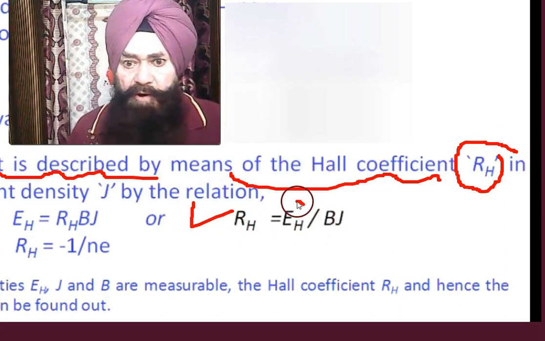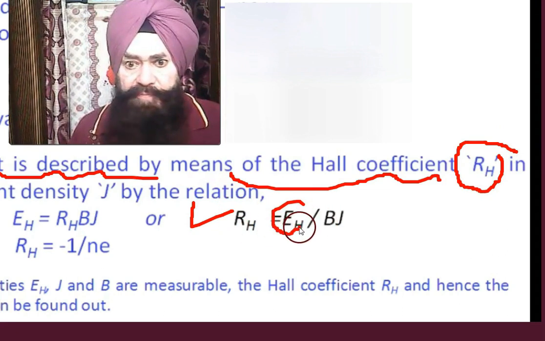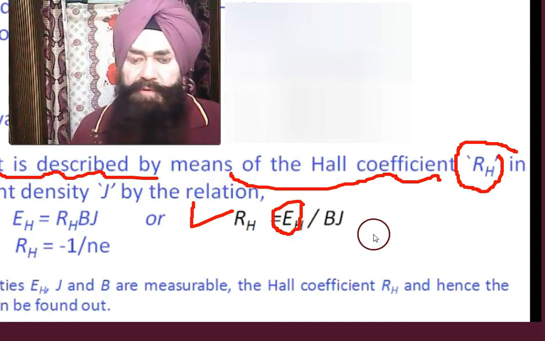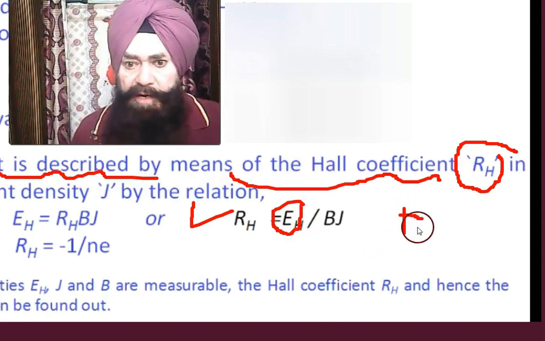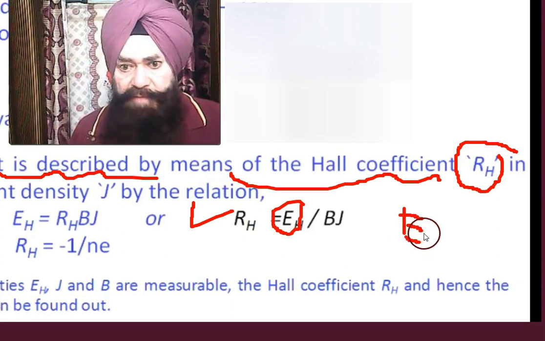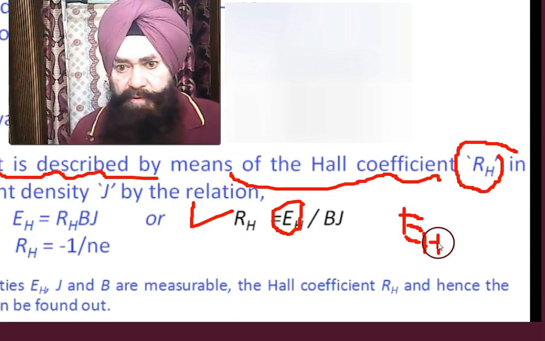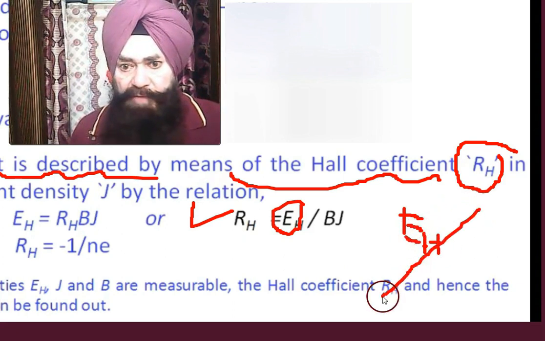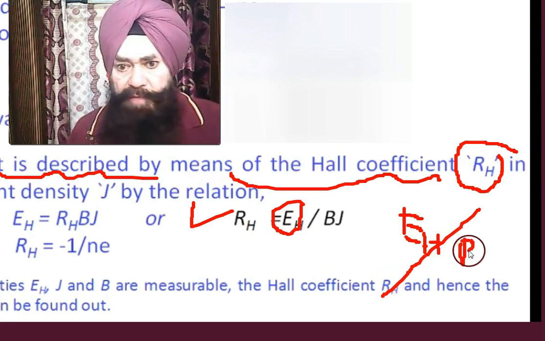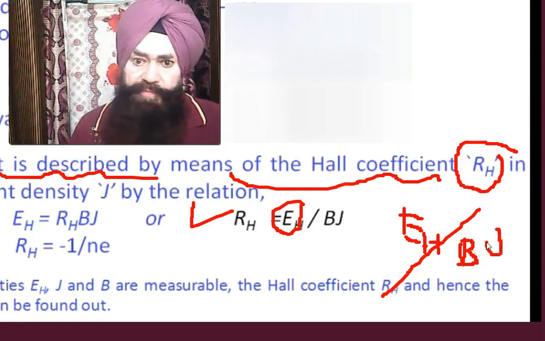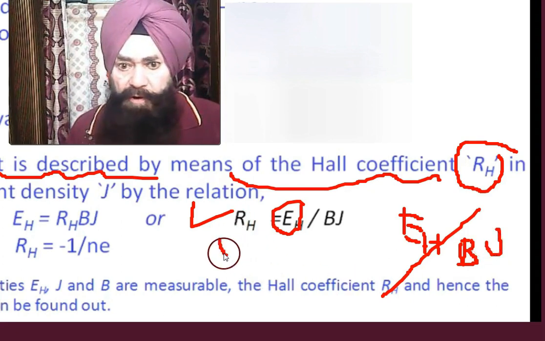This is the Hall electric field established, EH, per unit magnetic field and per unit current density. So this is called the Hall coefficient.